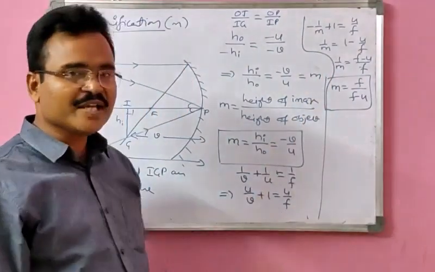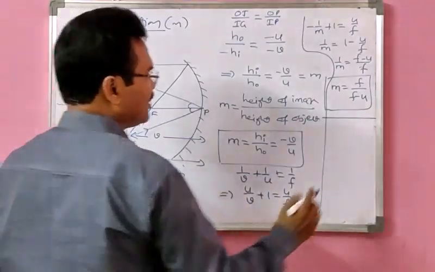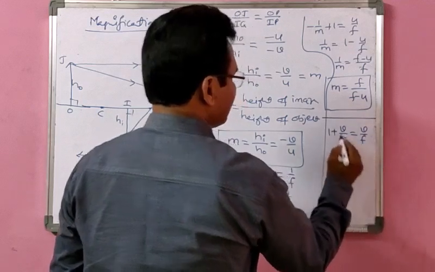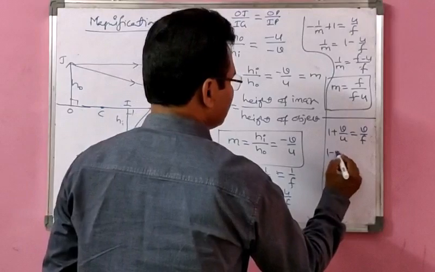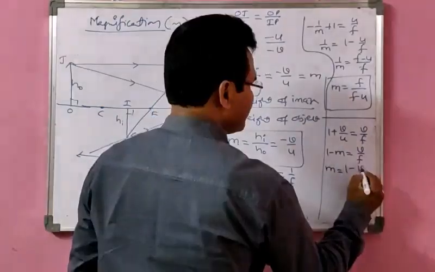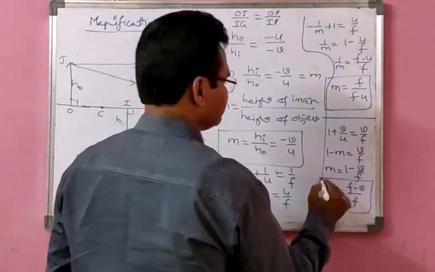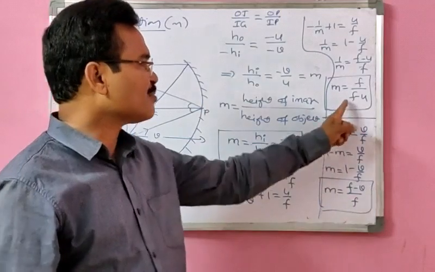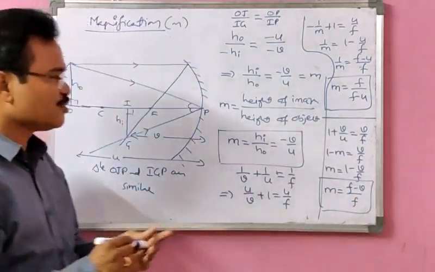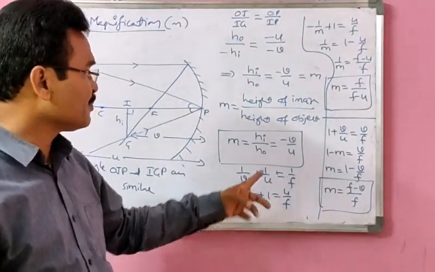Suppose you want it in terms of V and F. Multiply both sides of this equation by V. What do you get? 1 plus V by U equals V by F. But V by U is minus M. So 1 minus M equals V by F. M equals 1 minus V by F. So M equals F minus V by F. So you can see the formulas: M equals F by F minus U, or M equals F minus V by F. These magnification formulas can be used, and here I haven't used sign conventions.